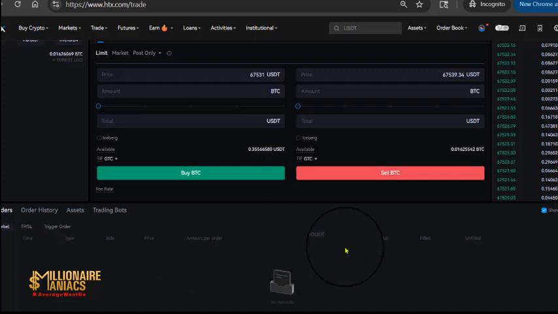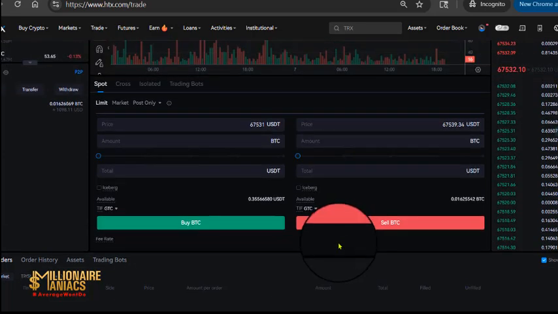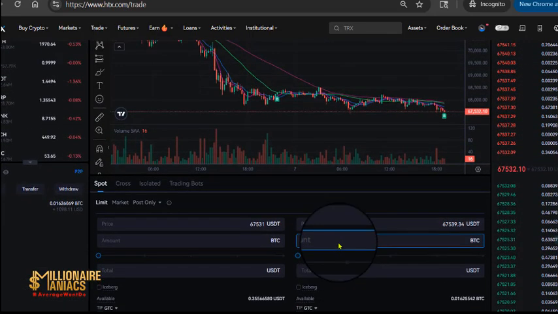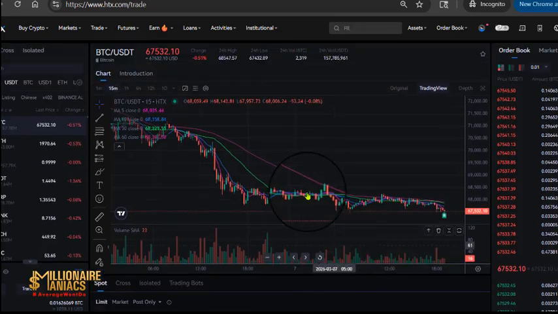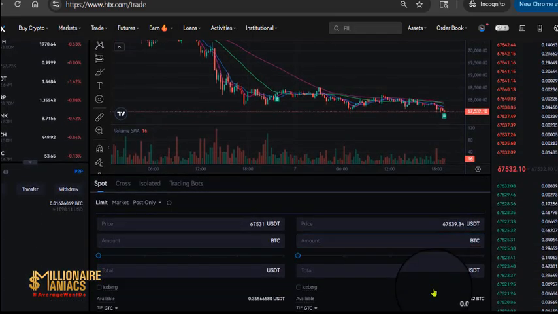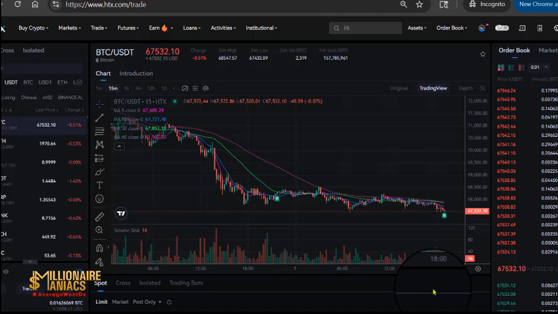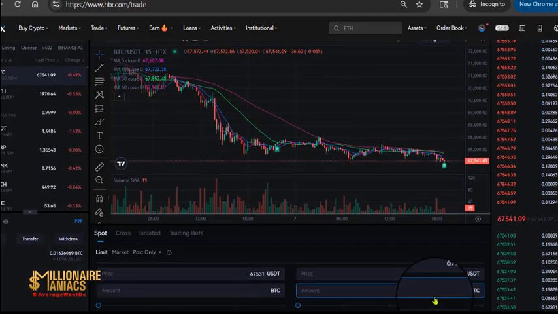So that's good. Maybe I should have went a little lower, but it's all good, just to show you. But as you can see, if I would have done a market order, I would have paid a little bit more. And when you're dealing with a lot of capital, you want to set the price for whatever amount you'd like to buy it at.